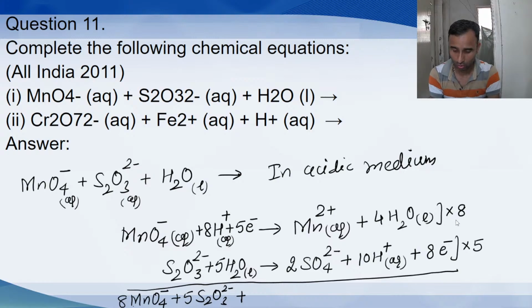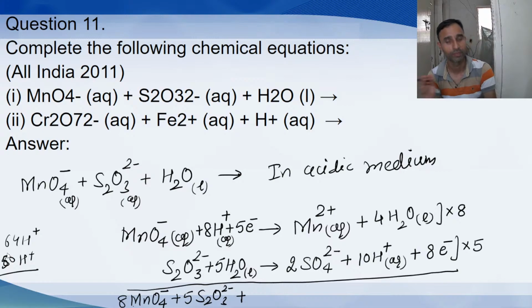Okay, so 25 and 32, so it should be on the right side. Then come to H plus ion. 8 times 8 is 64, 64 H plus on the left side and 50 H plus ions on the right side. So net is 14 H plus.